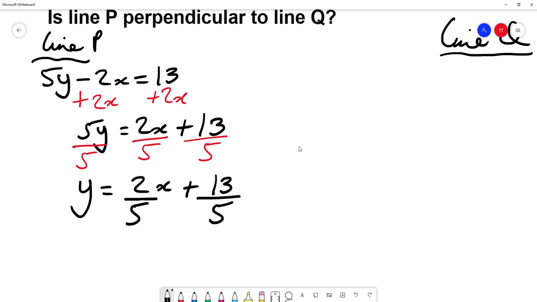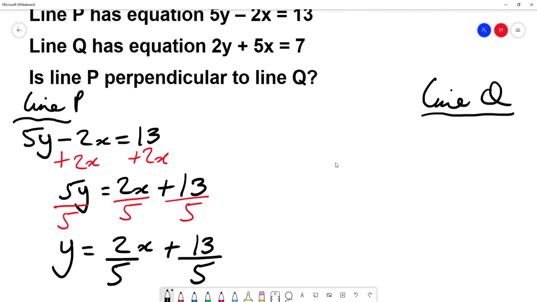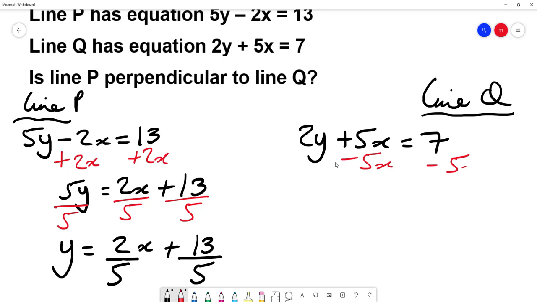Now the other equation we've got, so I'm going to write that down, is for line Q is 2y plus 5x equals 7. So now I'm going to minus 5x on both sides of the equation. Then I get 2y equals 7 minus 5x.